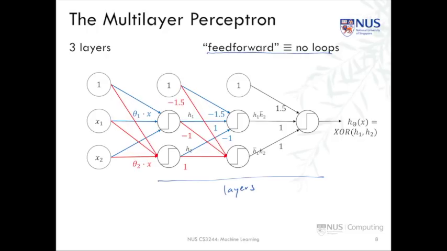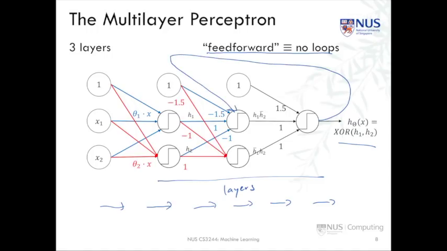That means the inputs only feed straight forward into subsequent layers and finally arrive at a particular output here. If we were to have a recurrent network, which we'll get to when we get to deep learning, that means we would take a copy of the output and then channel it back in somewhere. We're just feeding the inputs forward all the way through the layers and arriving at a particular output.